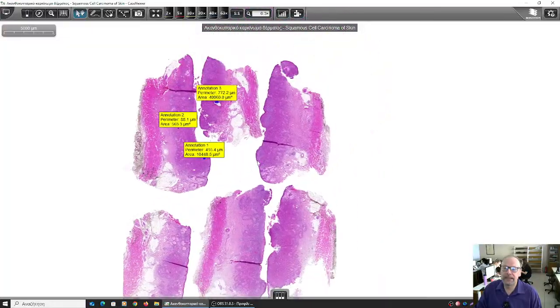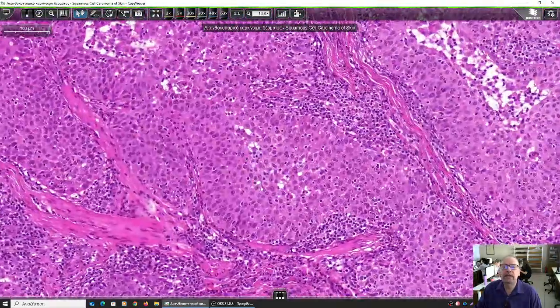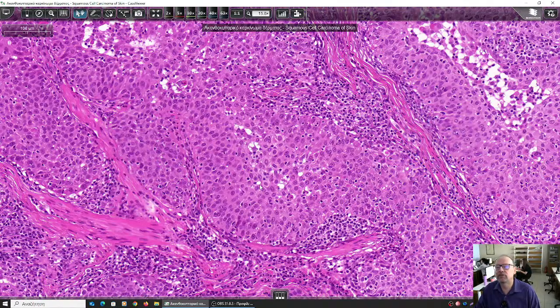So in this case, the difficult thing is to define squamous differentiation, because I do not see the hallmark of squamous differentiation, which, however, would be easily observed in well-differentiated squamous cell carcinoma.